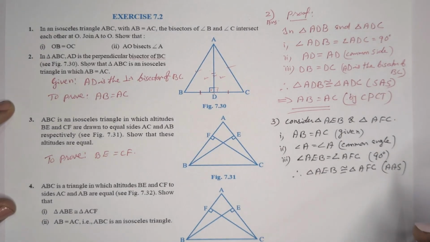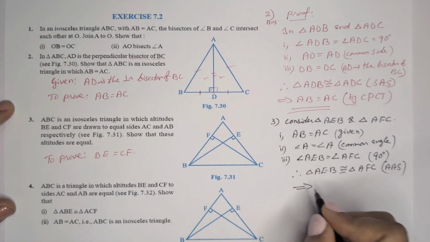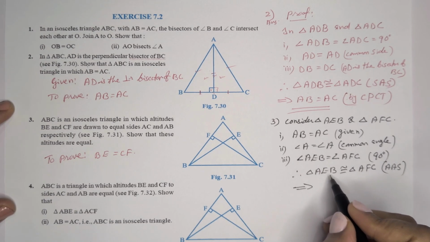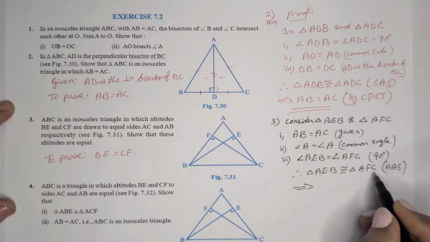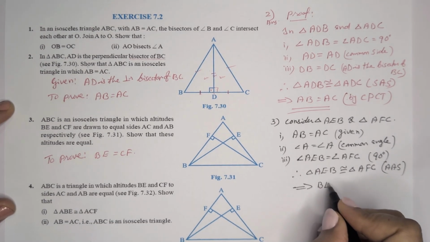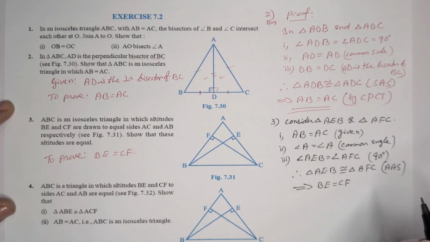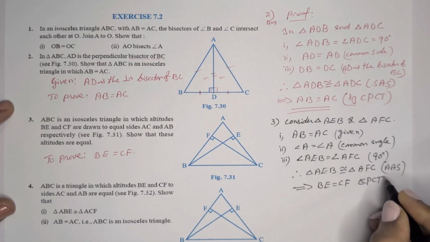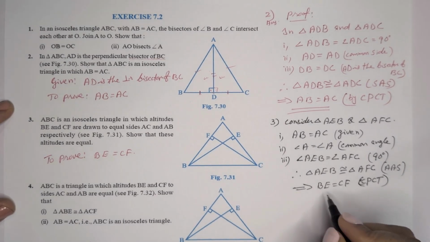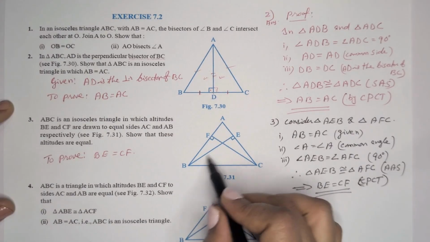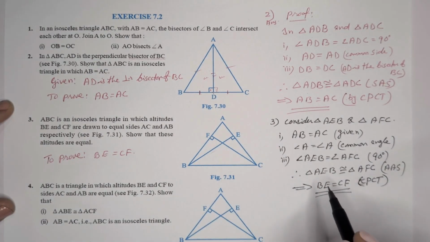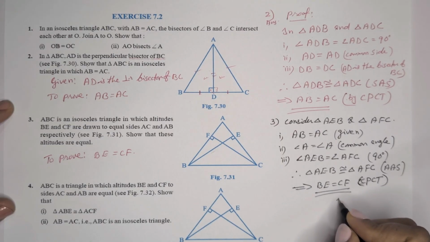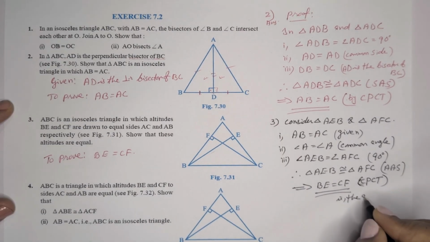So these two triangles are congruent, which implies BE is equal to CF by CPCT. BE and CF are the altitudes. So we proved that the altitudes are equal.